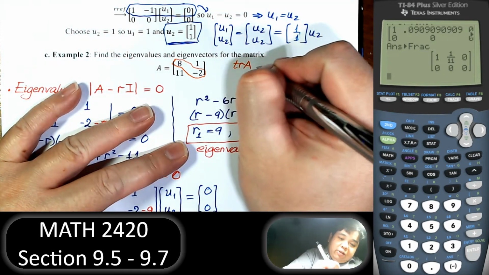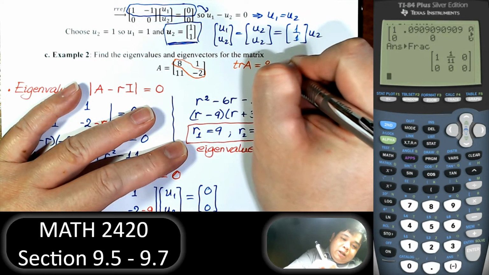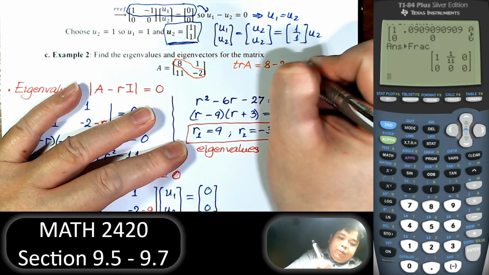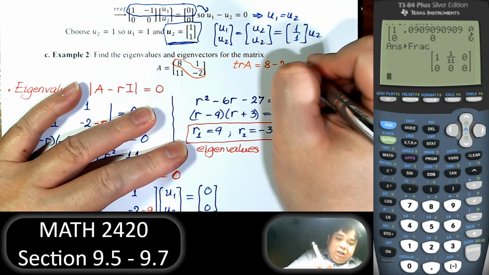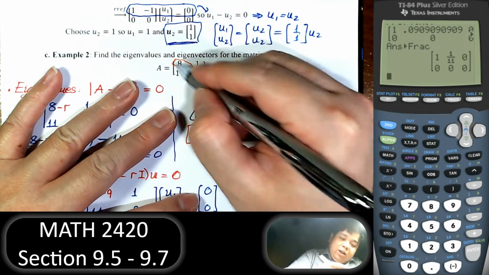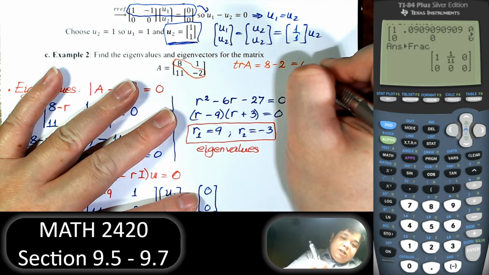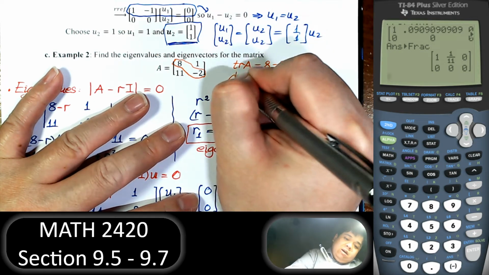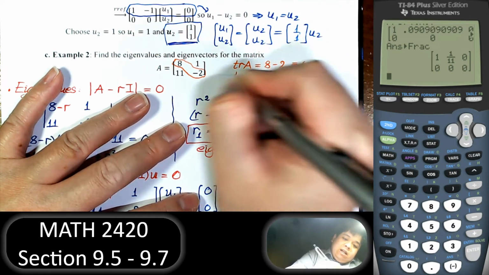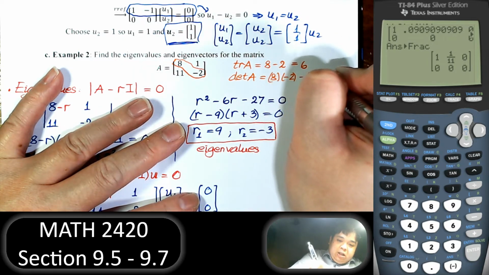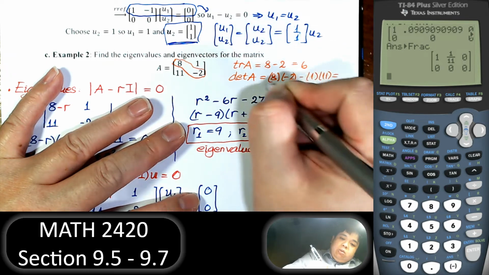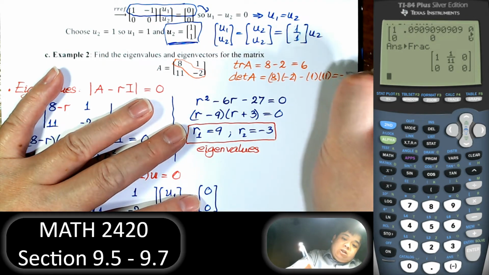In this case, trace of A is equal to 8 minus 2. Just add the entries in the diagonal. That gives us 6. And the determinant of A is 8 times -2 minus 1 times 11, so minus 16 minus 11, minus 27.